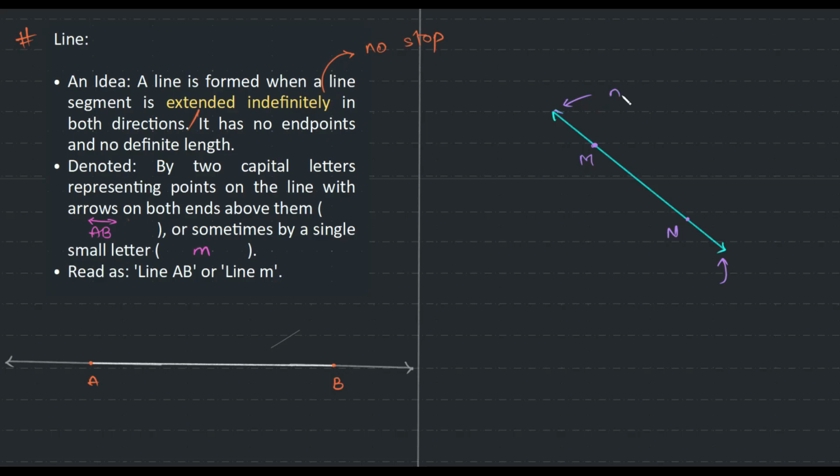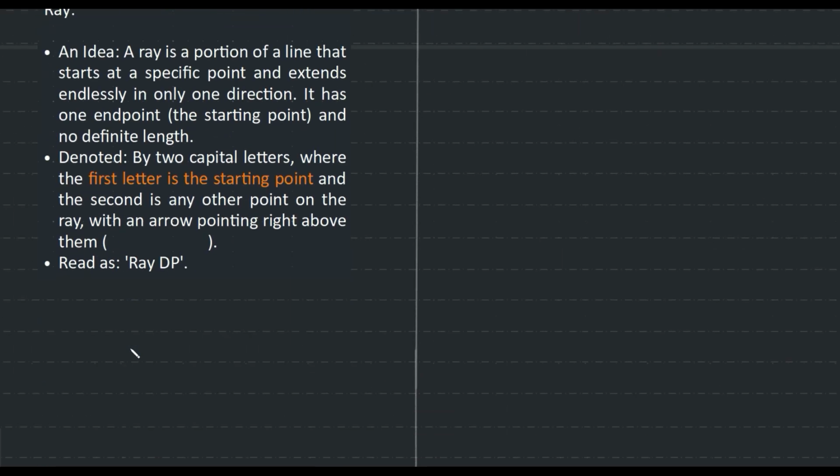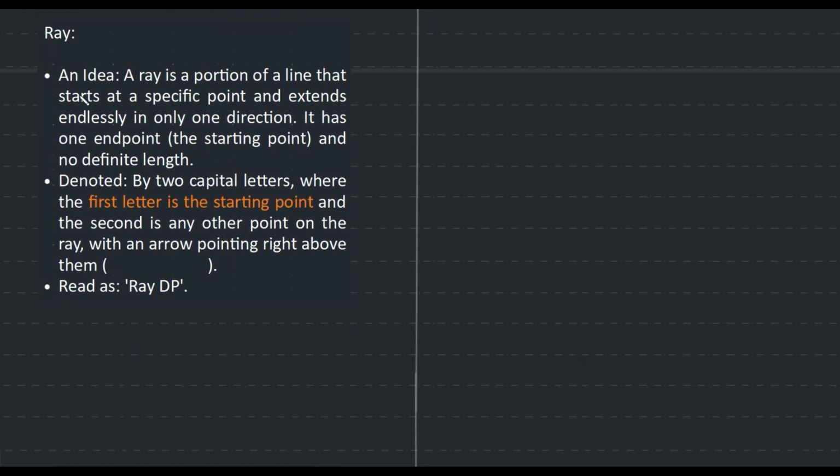It indicates never ending. Okay, so that's the difference between a line and a line segment. Okay, let's move forward. Last one. So we had a scenario wherein we know both the endpoints, and we had a scenario wherein we don't know the endpoints. Now we're looking at the third possibility, ray.